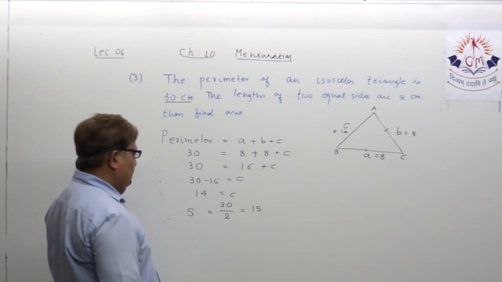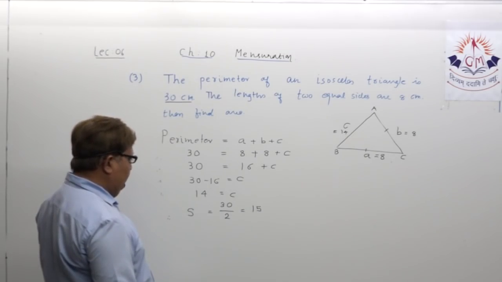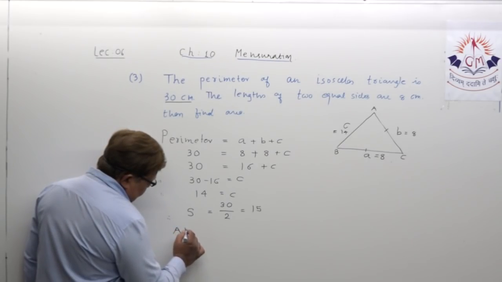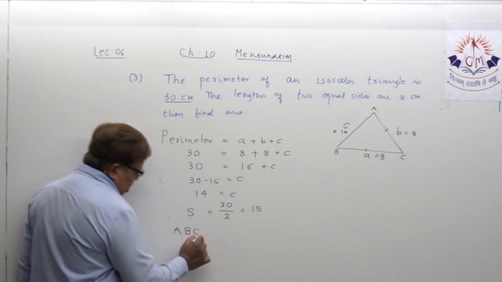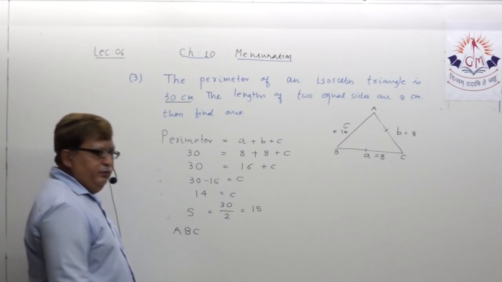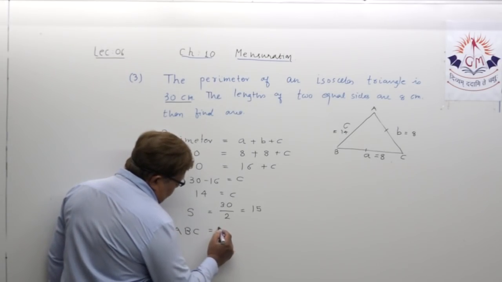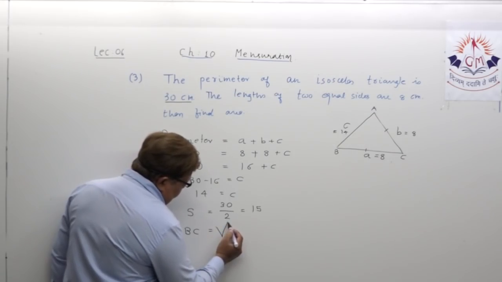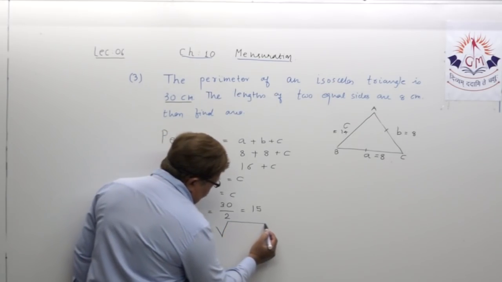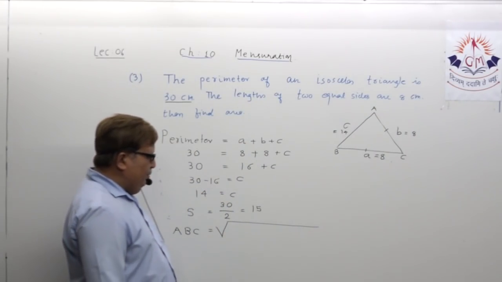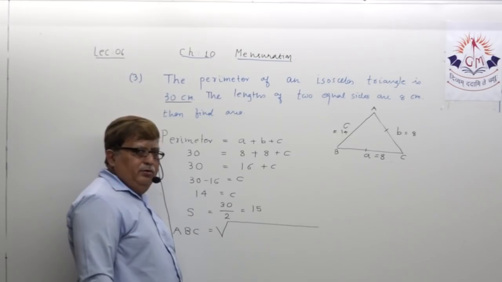Now after finding the semi-perimeter, when the name of the triangle is not mentioned, we always take ABC, that you all know very well. Let us write the formula. I am not writing it, but in the exam if you mention it, it looks good.